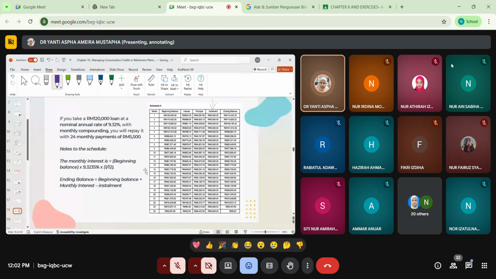So the monthly interest: the beginning balance is 120,000.